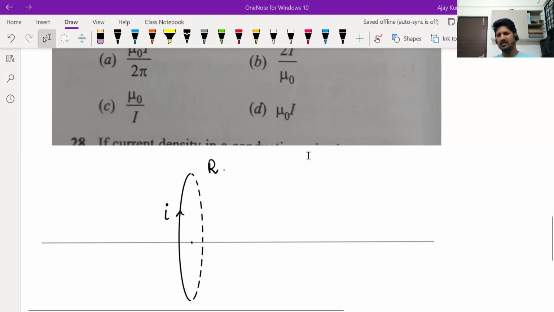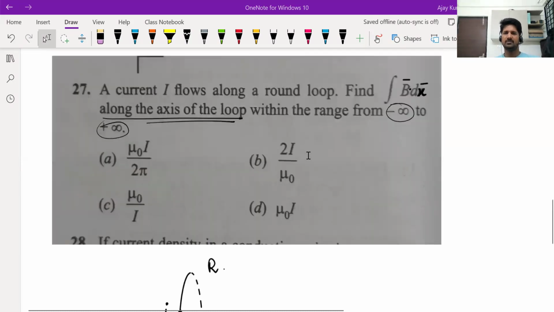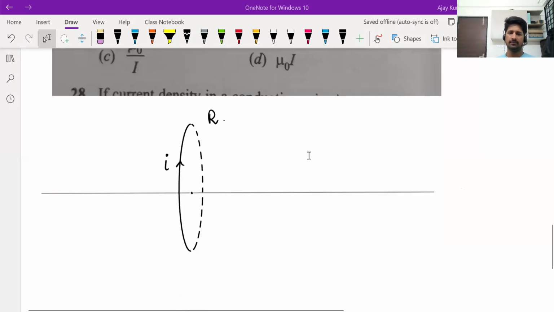Or if there is no closed integral, if you can't use Ampere's law, what is the only other way possible? You have to write the expression for magnetic field and integrate. You have to actually take the expression for B, take dot product with dx and integrate with proper limits.